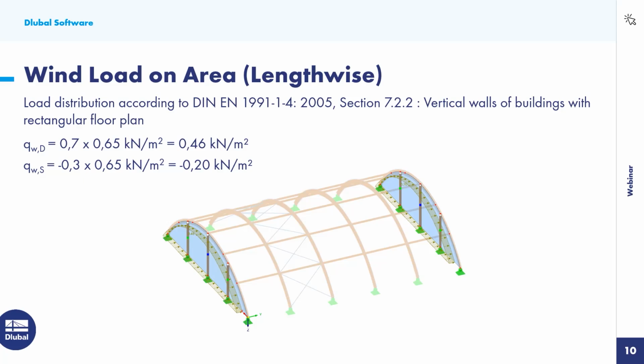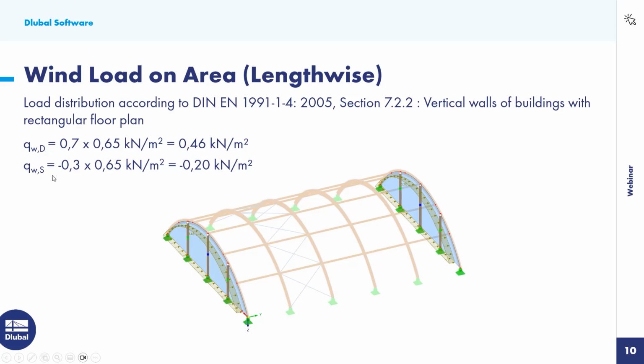We'll have here as the first area, which I named D because this is also how it's described in the standards, where we see a cp value of 0.7 and we have a load magnitude of 0.46 kilonewtons per square meter.